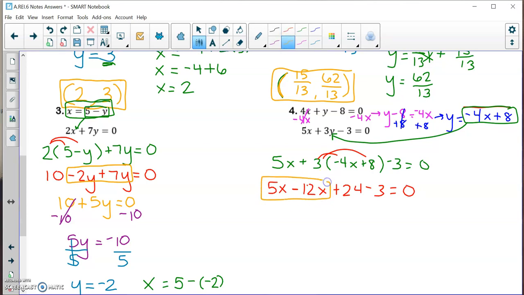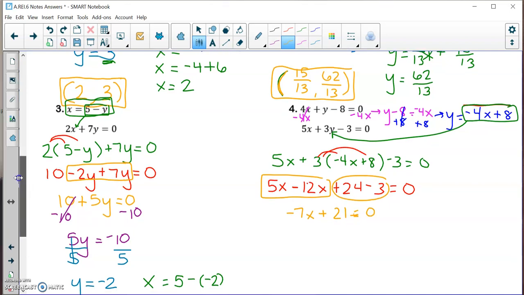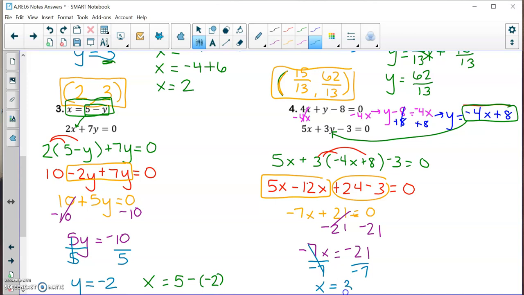Combining like terms. And now I'm going to solve for x. And x comes out to be positive 3.